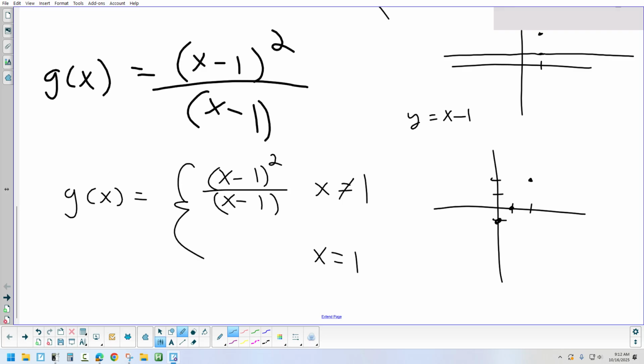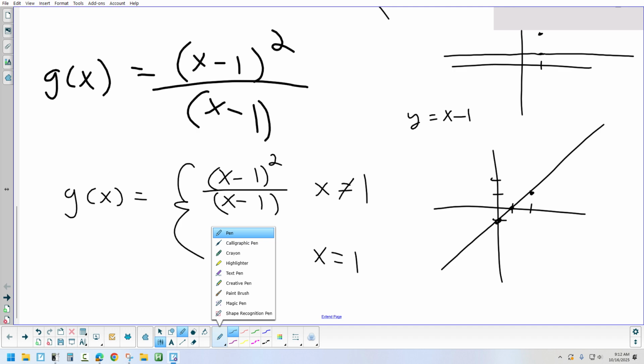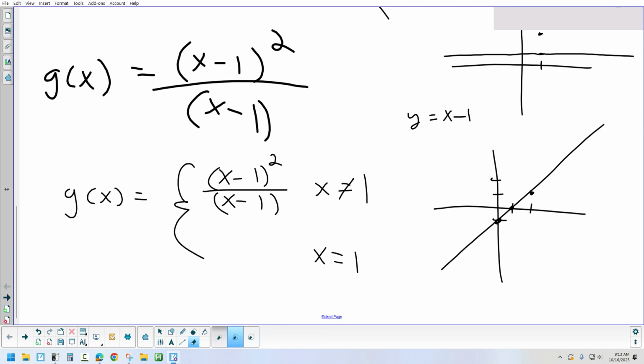Let's see, no, I wouldn't be there. I would be there. And if we draw it, our graph would look like that, except when we're at 1, right now, we have a hole. That's the graph of this top piece.